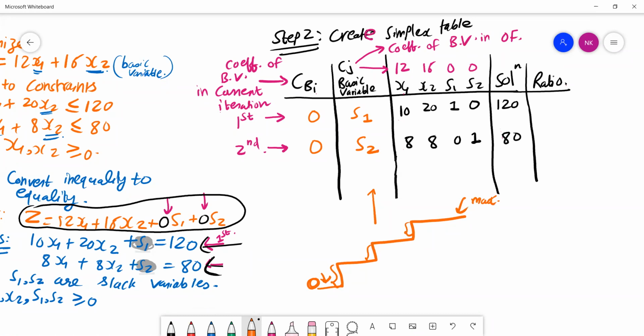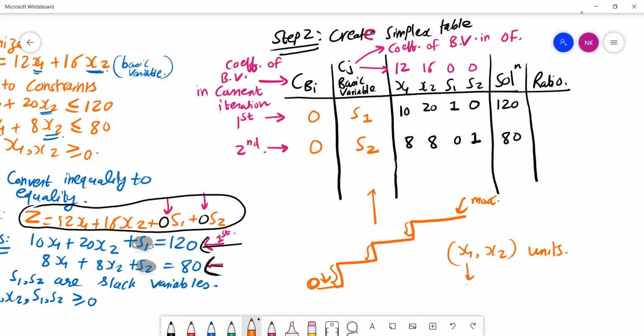How? Initially, I will consider that my slack variables are the only variables which will be contributing towards my objective value. What is my assumption at this point of time? I don't know how much quantity I will be requiring. I am required to find the number of units for x1 and x2, but I don't know how much quantity x1 and x2 will have.